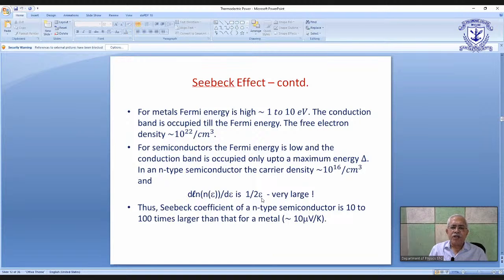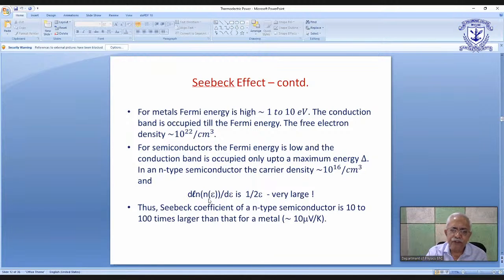And therefore 1 upon 2 epsilon will be quite large. If that is the case, just note this factor here, d by d epsilon of ln, this ln is natural log. Don't take n to be the same as n inside. What is inside the bracket is the carrier density.